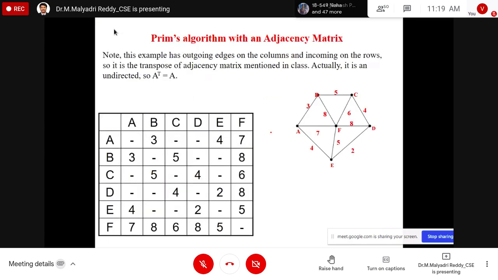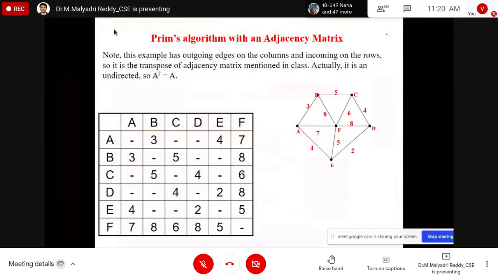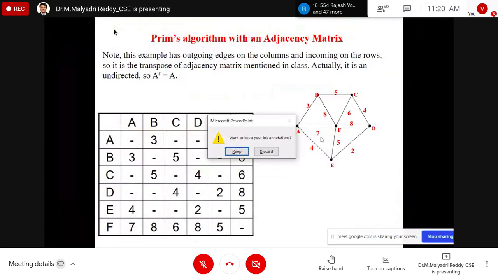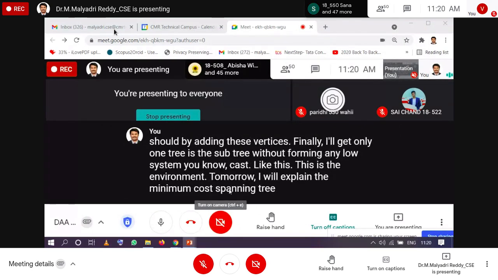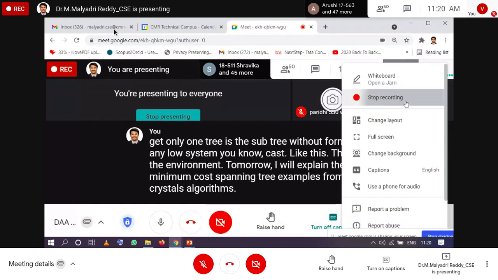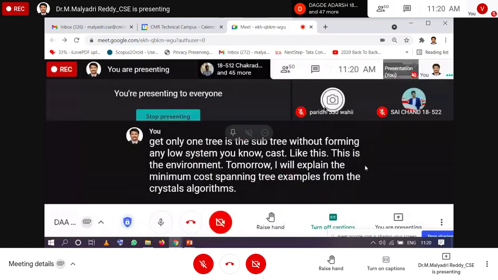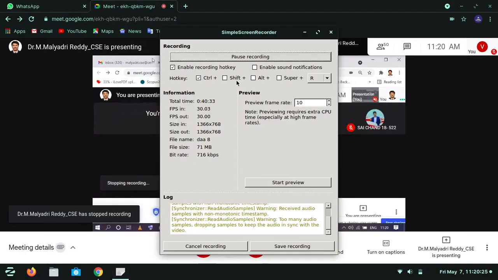This is another method. Tomorrow I will explain the minimum cost spanning tree examples, Prim's and Kruskal's algorithms.